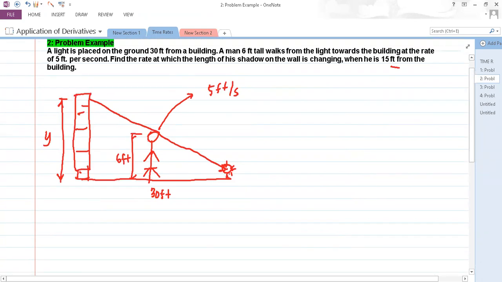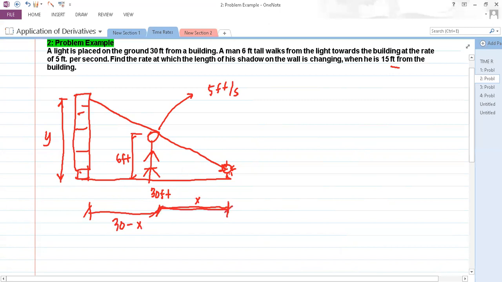Okay, so we have here y. Paano tayo makaka-create? So for example, let's say this is our x, the distance of a man from the lamp. Okay, so if this is pole, this is 30 feet, ang matitira dito is 30 minus x. Okay, so we can create now our equation.